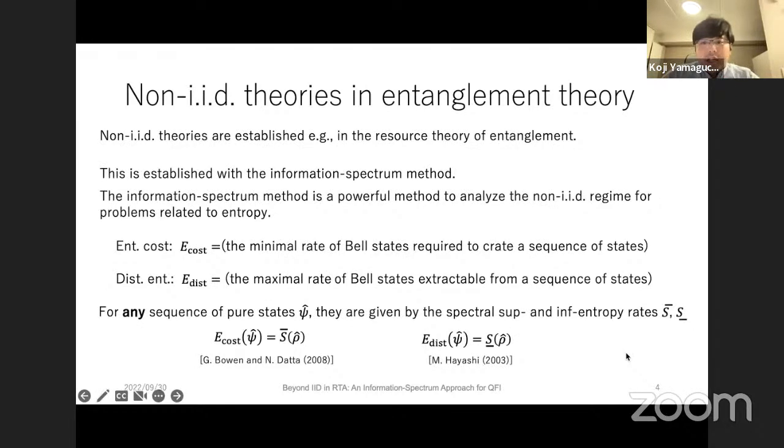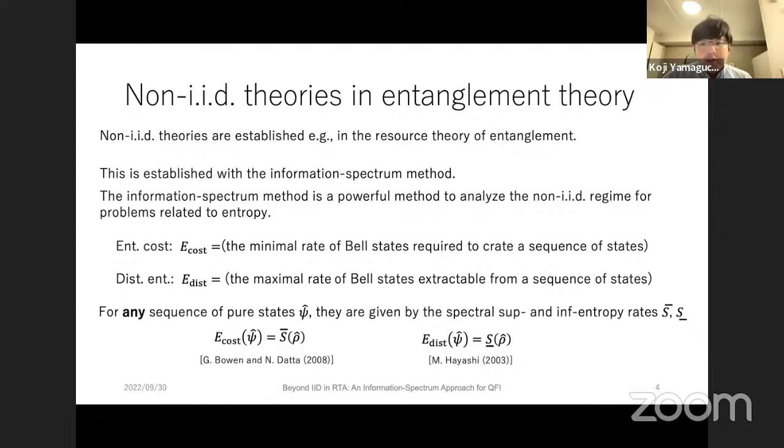But in some other resource theories, such as entanglement theory, the non-IID theory has already been established. And this is done with the so-called information spectrum method. The information spectrum method is a powerful method to analyze the non-IID regime for problems related to entropies.